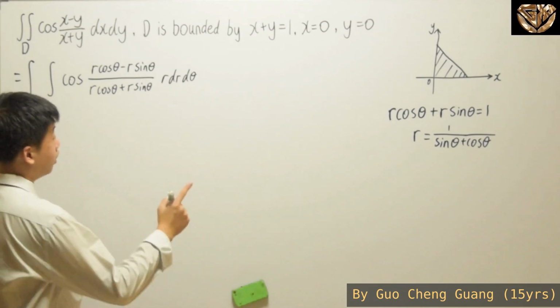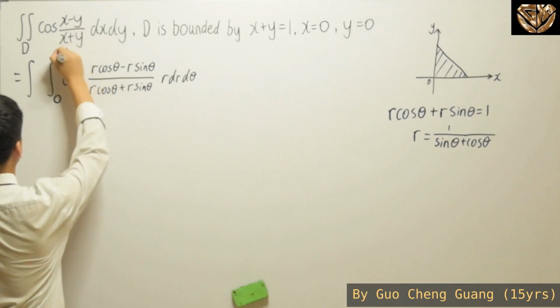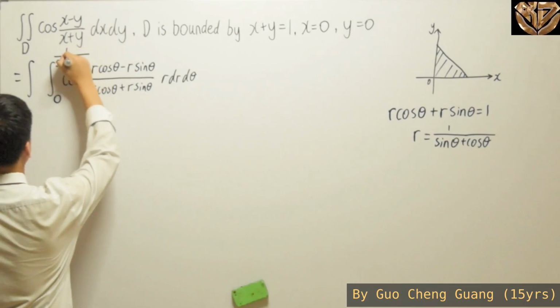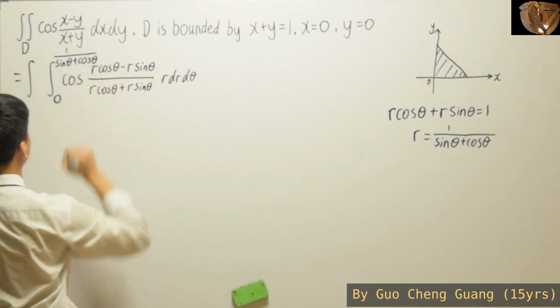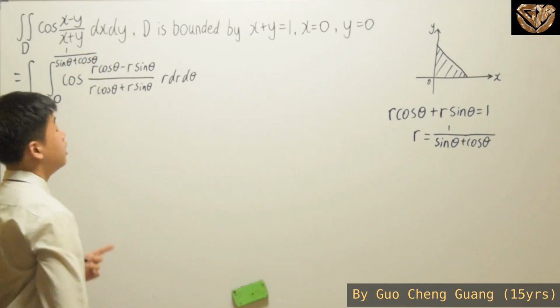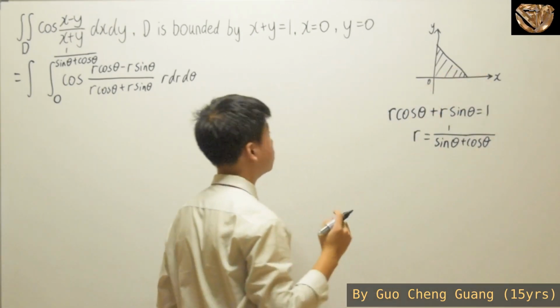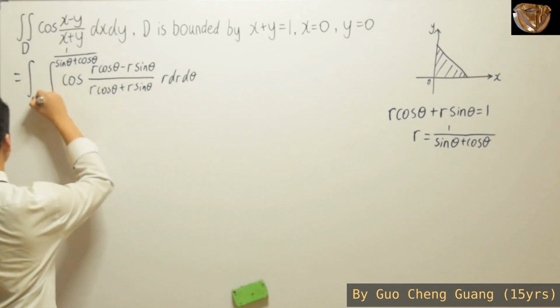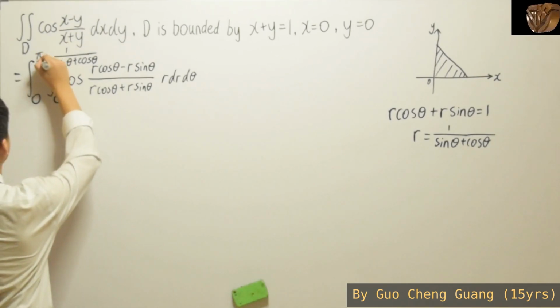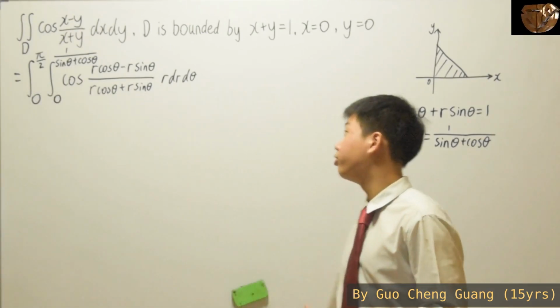Our range for r would of course be from 0 to whatever we just had, which is 1 over sine theta plus cosine theta. How about our theta? This is only in the first quadrant, so that will be from 0 to half pi. So this is the integration that we will have to solve.